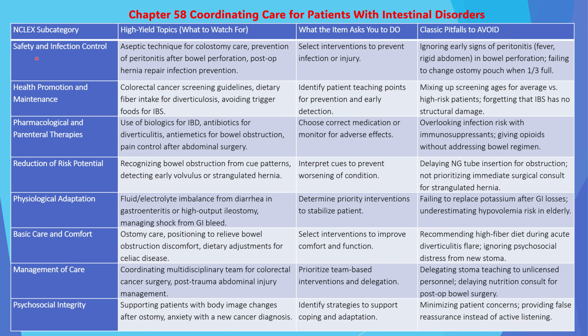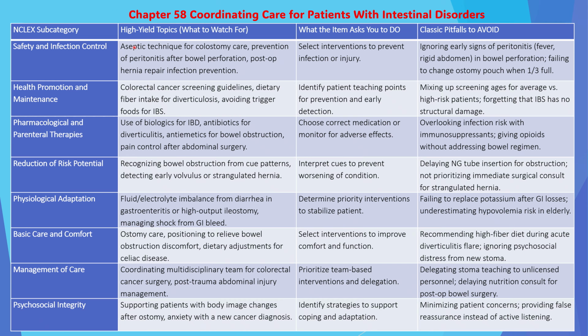So here, as I mentioned earlier, the NCLEX subcategories: safety and infection control, health promotion and maintenance, pharmacological and parenteral therapies, reduction of risk potential, psychosocial adaptation, basic care and comfort, management of care, psychosocial integrity. I usually start with management of care, but today I started with infection control.